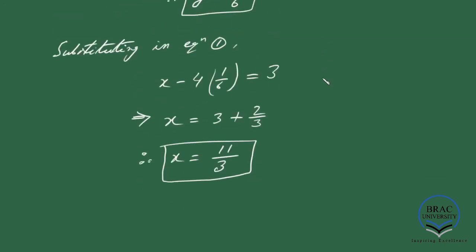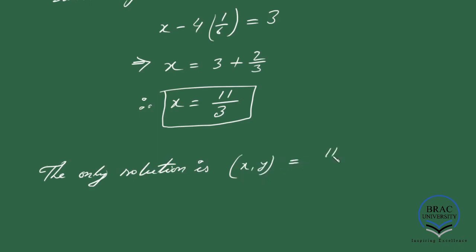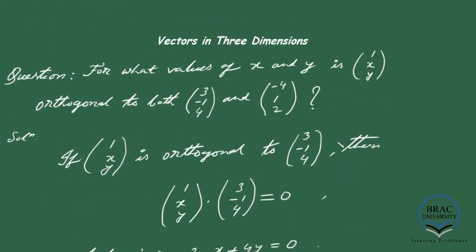So I can write, let me write it down, the only solution is x comma y, which is equal to 11 over 3 comma 1 over 6. So this is the only solution. These are the values of x and y for which it satisfies the given condition.